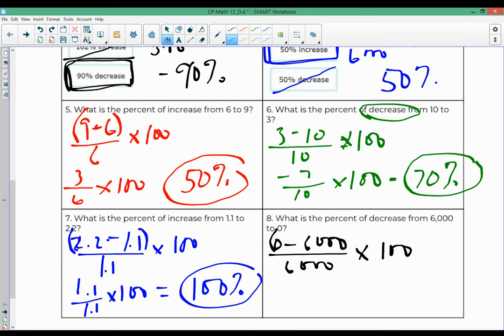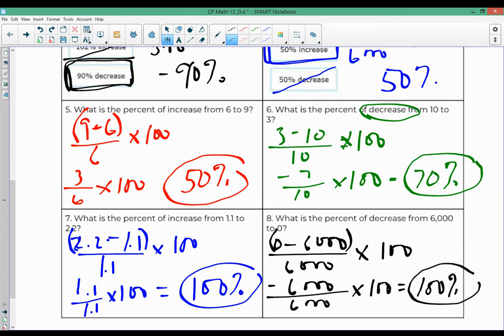So that gives me negative 6,000 divided by 6,000 times 100. And that'll be a 100% decrease because the whole thing went away. So when we increase, that's a double. When we decrease to 0, that is a reduction of 100%.